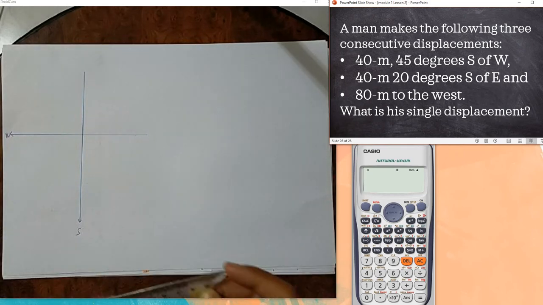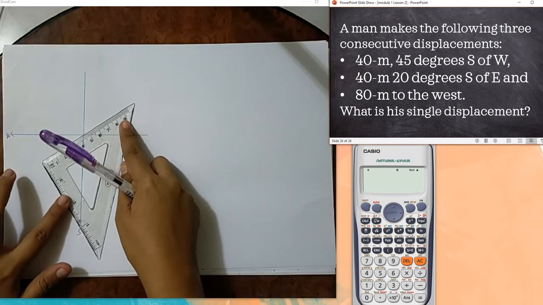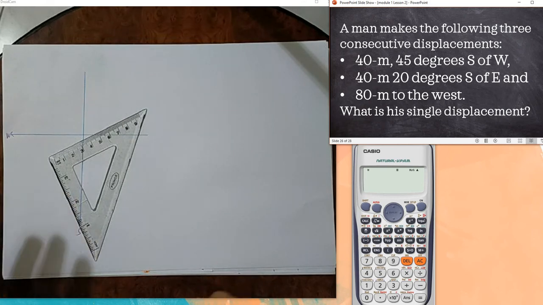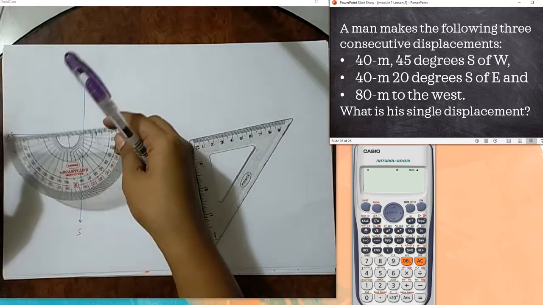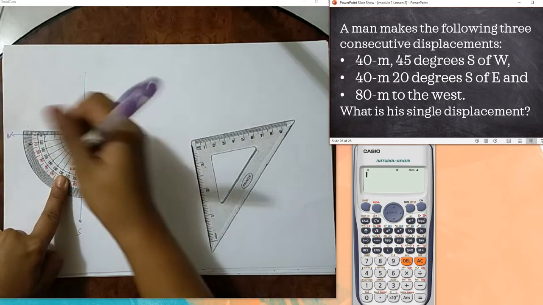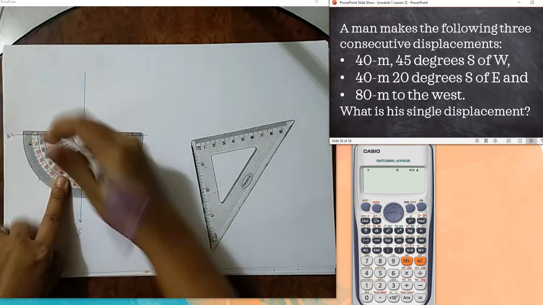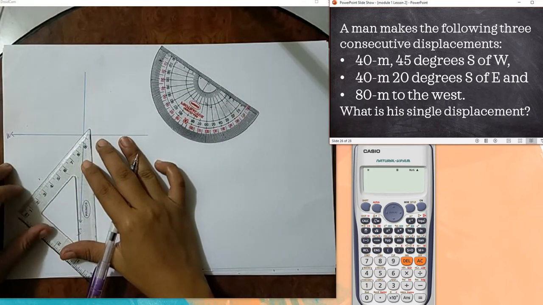So let me use this one. So let's say this is 40 meters. By the way, let me measure first the angle. 45 degrees. So here it is for the 45 degrees, and this is for the 40 meters.